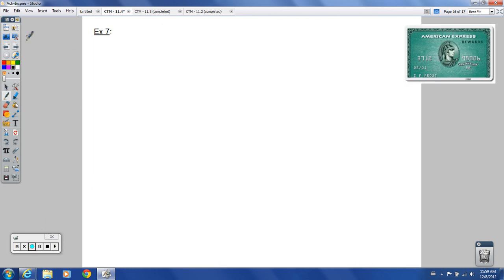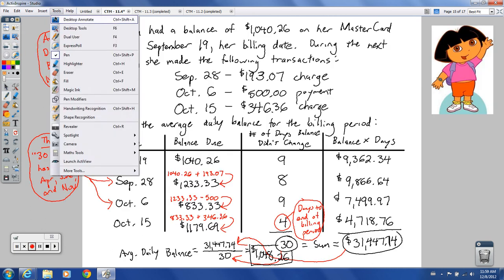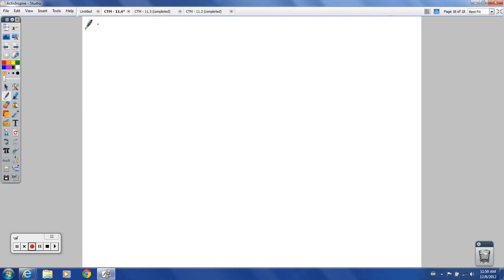Part B for this one is going to be, need to add another page there. Part B, we're going to find the finance charge to be paid on October 19.